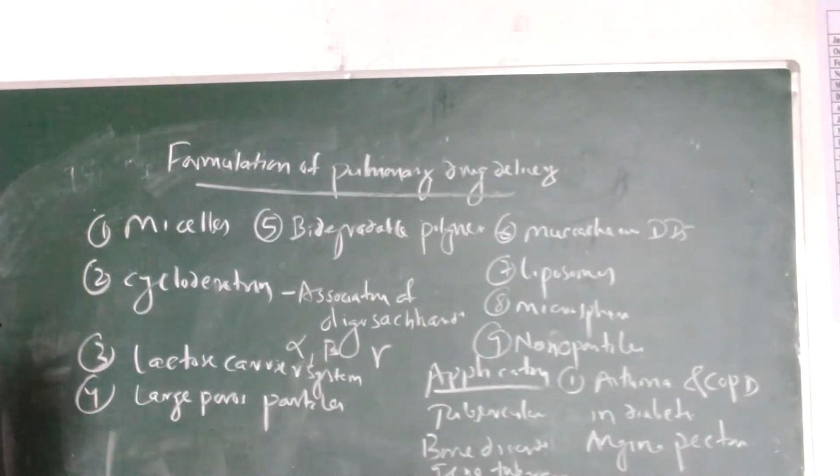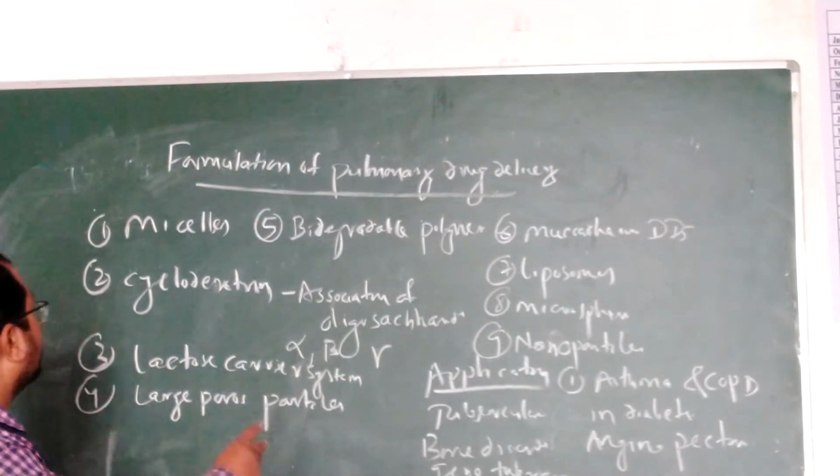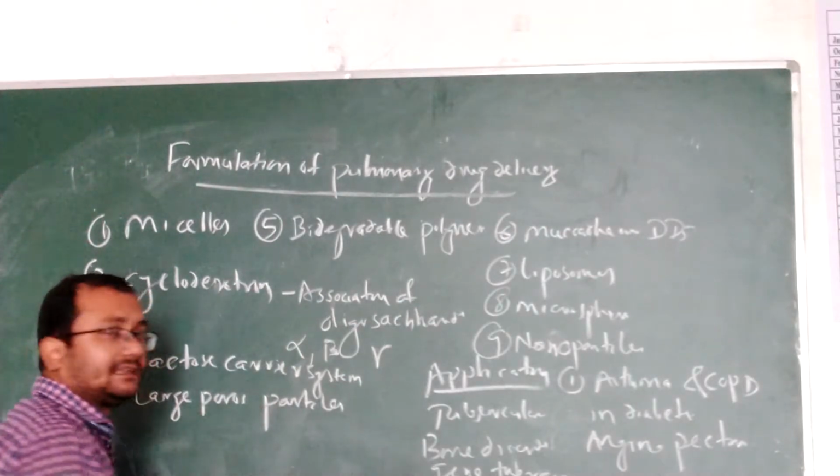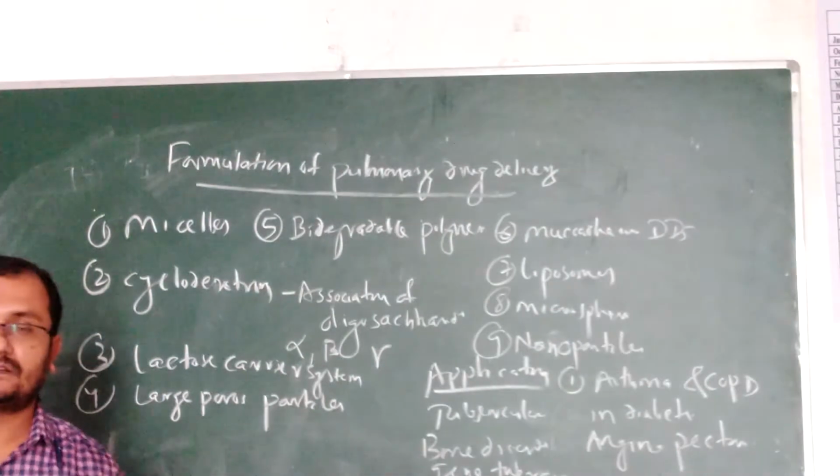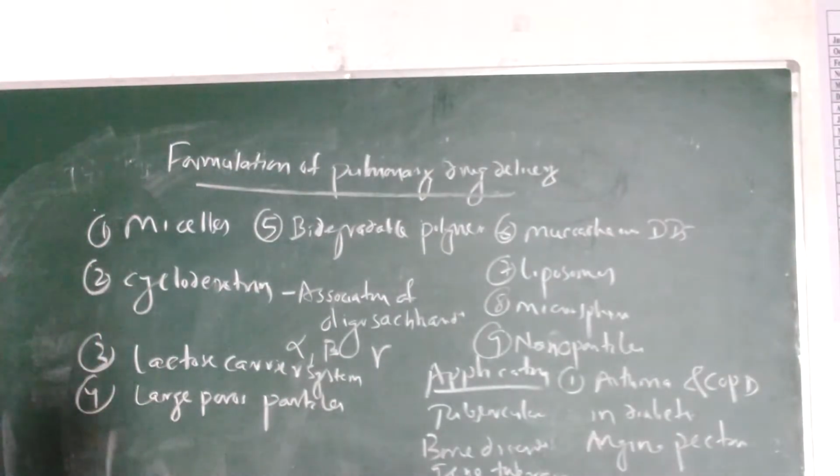So let us discuss the different techniques by which we can deliver the drug and make the formulation of this delivery system. The first one is micelles. Micelles are a technique to deliver different types of drugs.